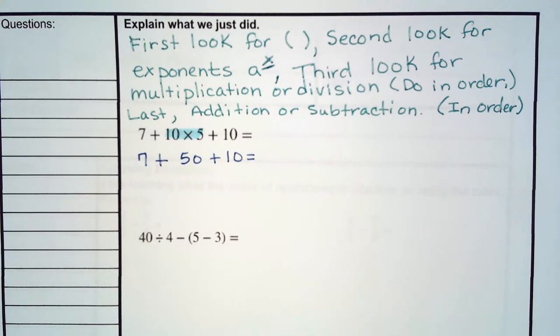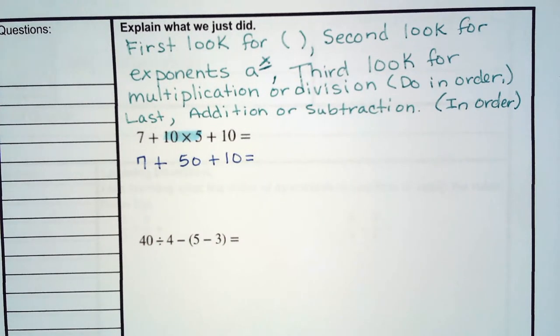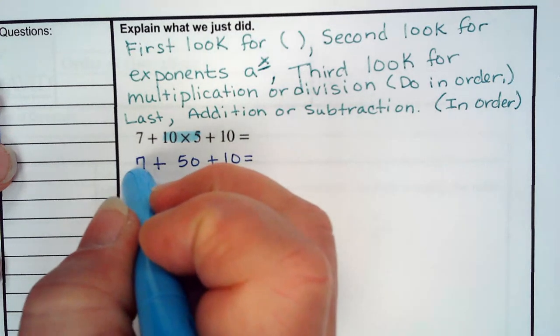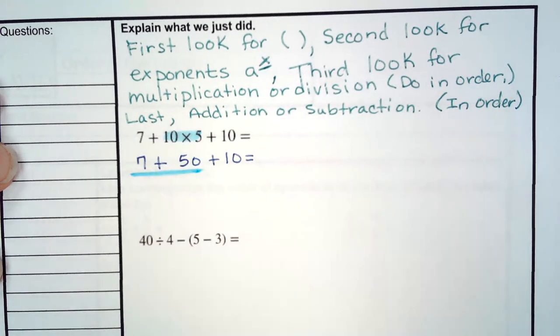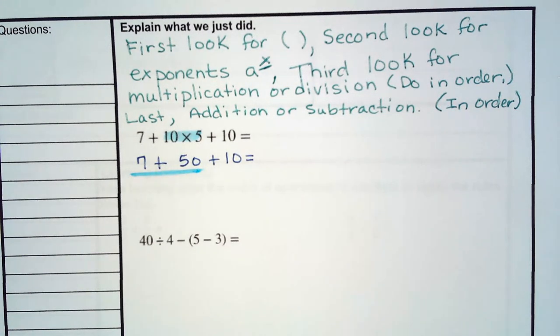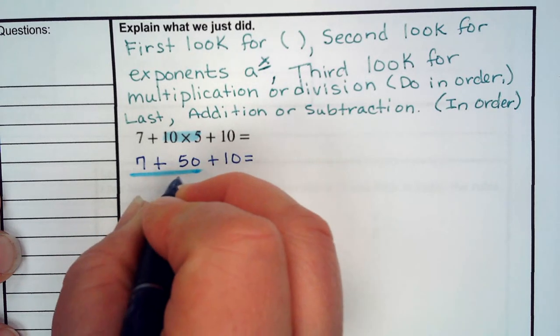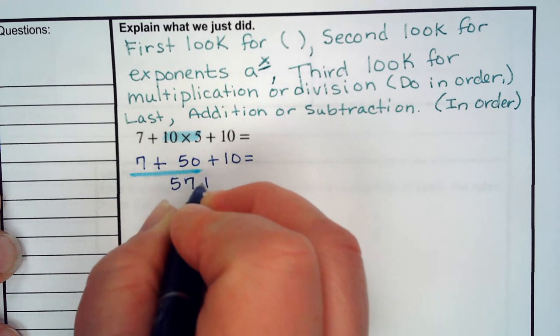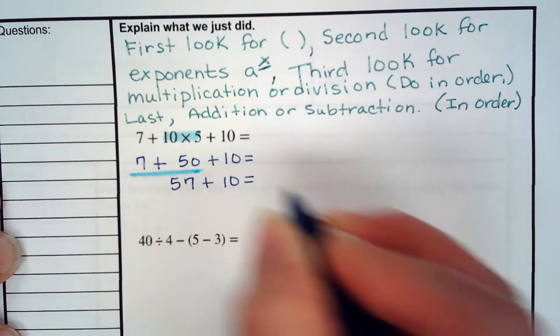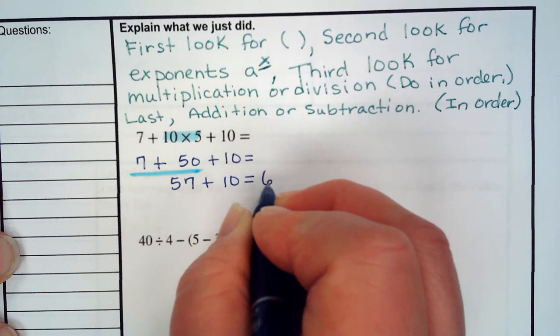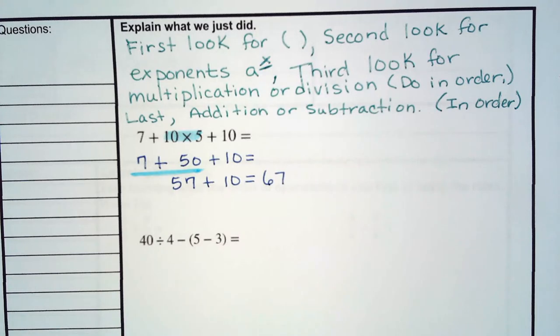Okay, now what do we do next? We do it in order. 7 plus 50 is 57, plus 10. 57 plus 10 is 67.